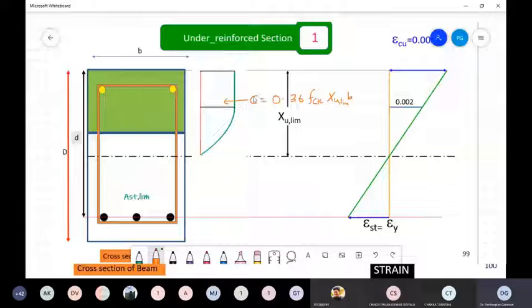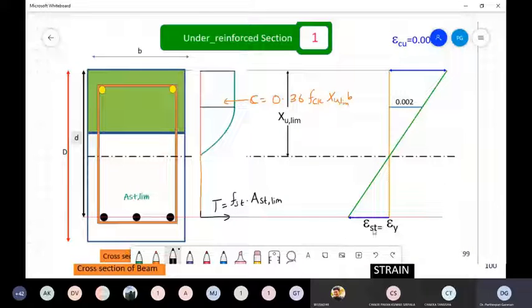So total compressive force resisted by the concrete is 0.36 FCK XU limit into B. At the same time, the tensile force in the steel will be T, which normally we write as FST into AST limit in a balance section.